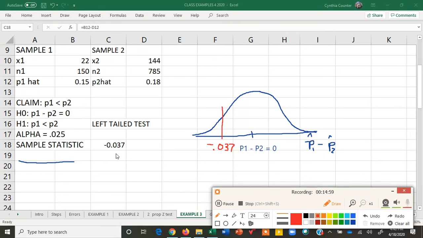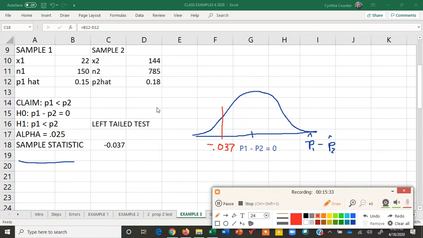Let us then think about what we need to do for the standard error. If we have two separate samples and our sample statistic is the difference between these two different samples, we are going to need a standard error that contains the information x1, n1 and x2, n2.